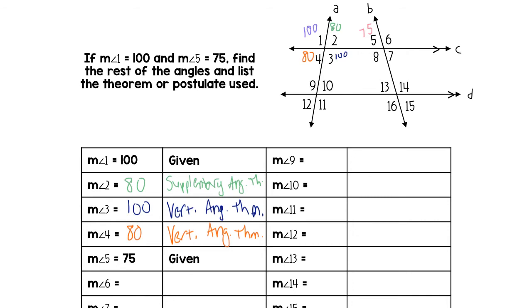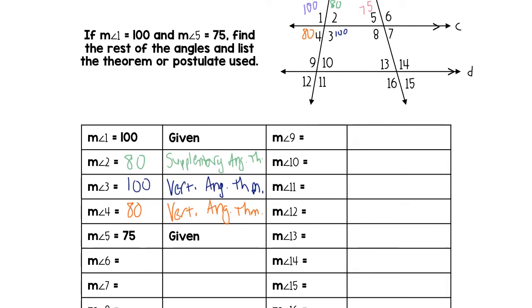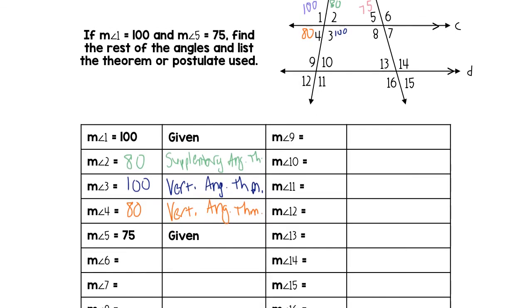Measure of angle 5 is 75. Let's see if I can get away with scooting it up just a bit. So the measure of angle 6 is 105 because of the supplementary angle theorem. Angles 5 and 6 are supplementary, so the sum of their measures is 180.